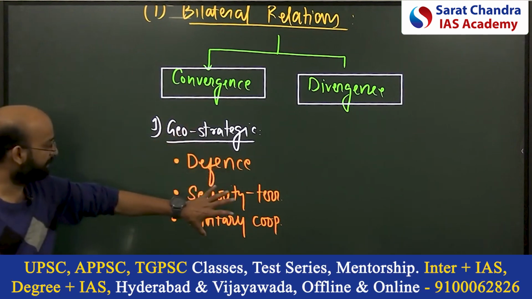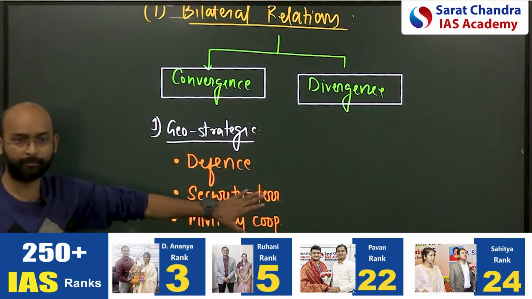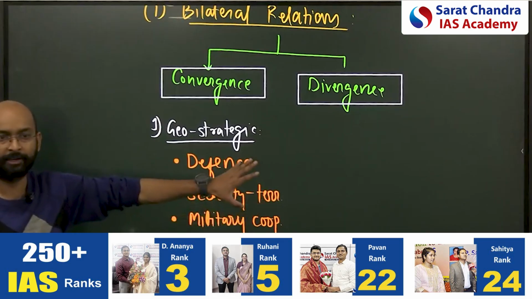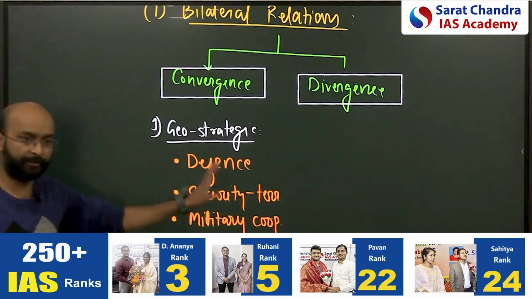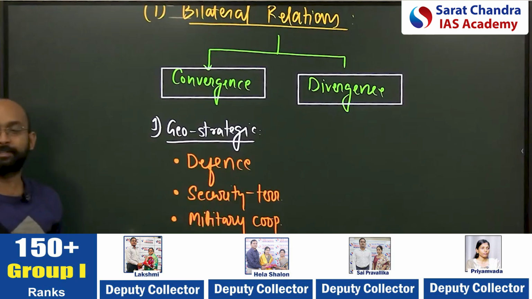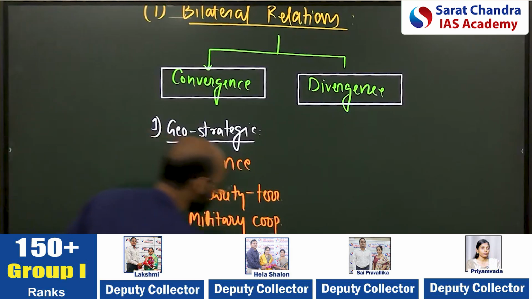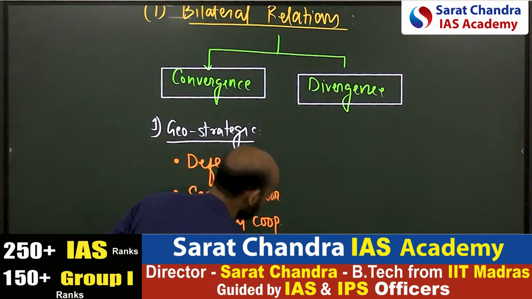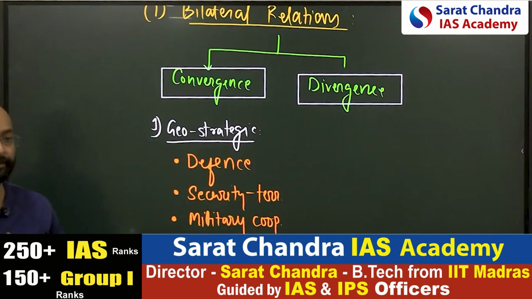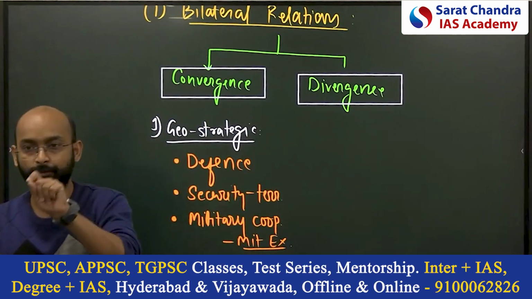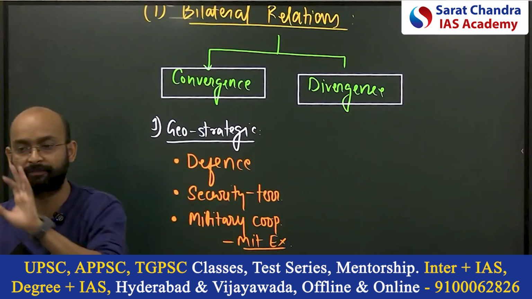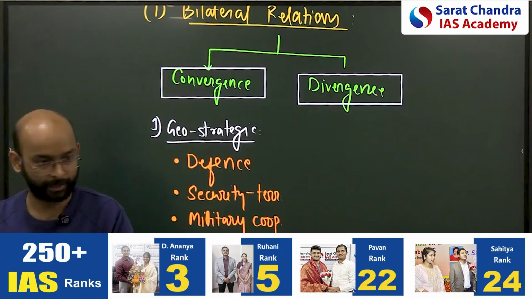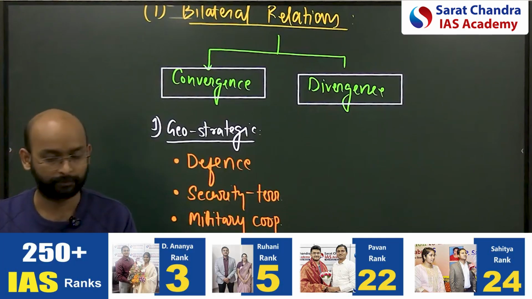Geostrategic, think from defense, security, like terrorism, counter-terrorism, counter-money laundering, internal security, which we'll study now, everything will come under security. Then we'll see from the military cooperation, especially here the military exercises. You mug up some military exercises for every important country. India, US have the most significant military exercise, right? There is the Malabar exercise.